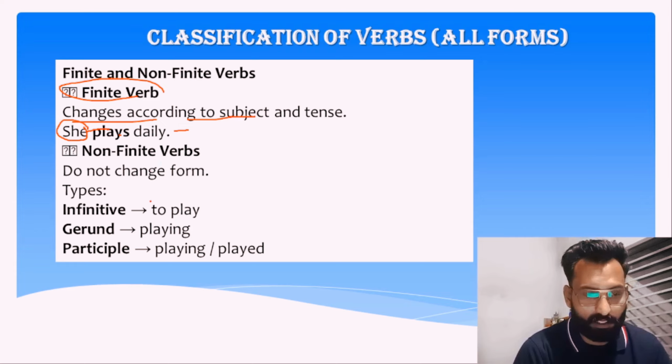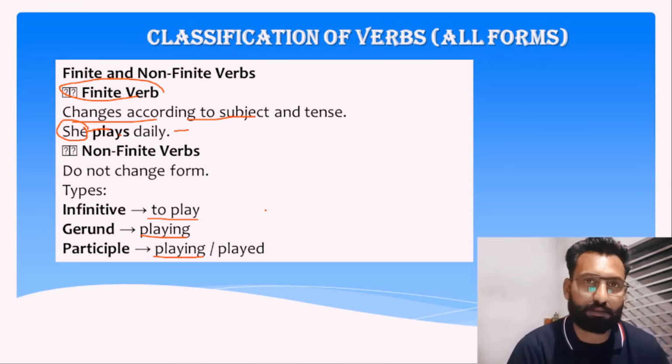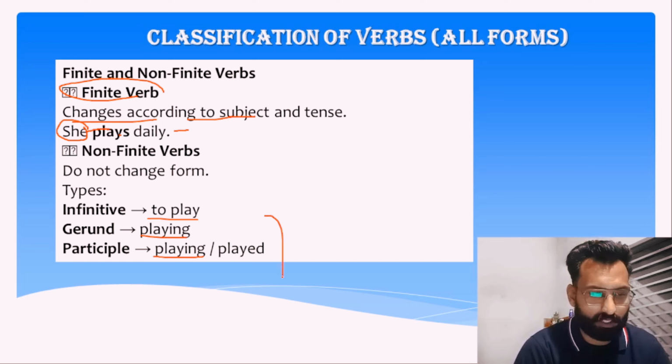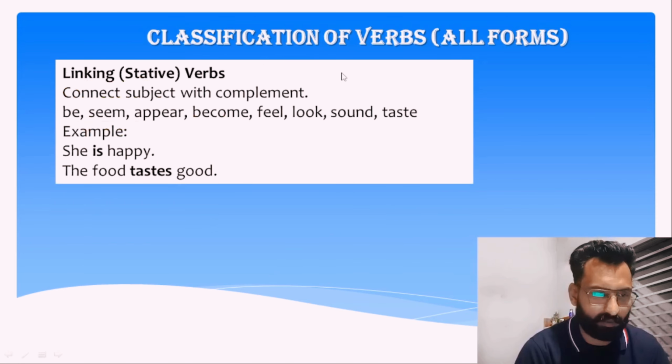But on the other side, non-finite verbs do not demand any subject or change according to the subject. To play, playing, like he wants to play. Here he wants to play. To play will remain the same if your subject is plural or singular. That doesn't matter. Same way with other gerunds and participles. So finite and non-finite verbs are the next type of verbs.